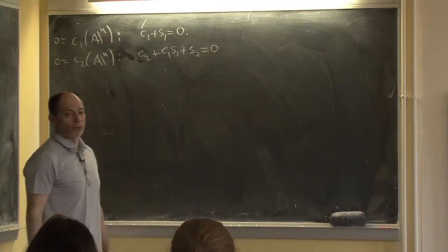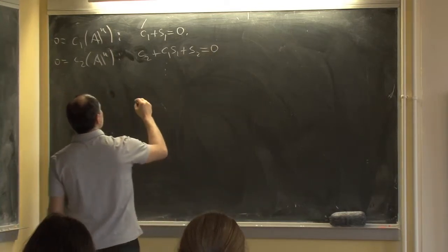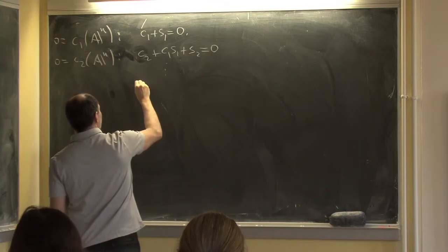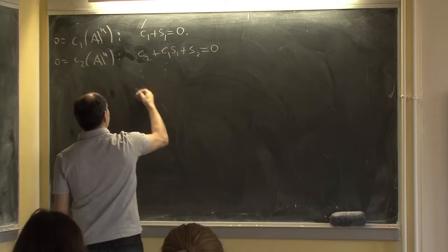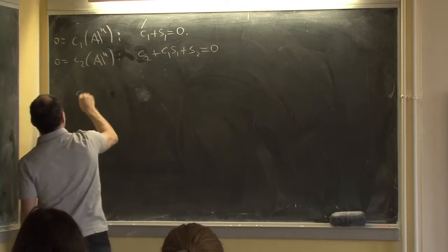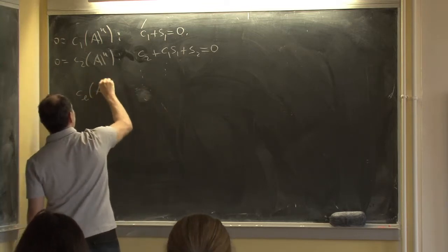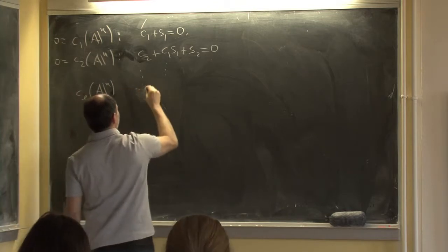So you see the general formula will be like this: the CL of AN will give you the following formula.